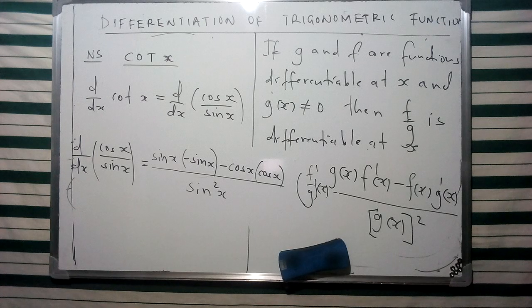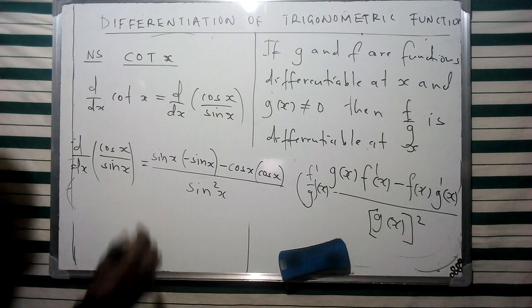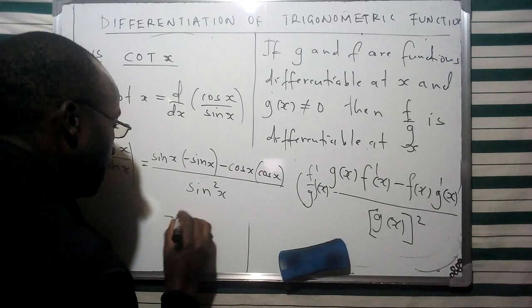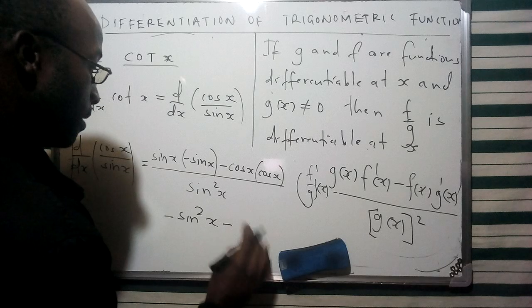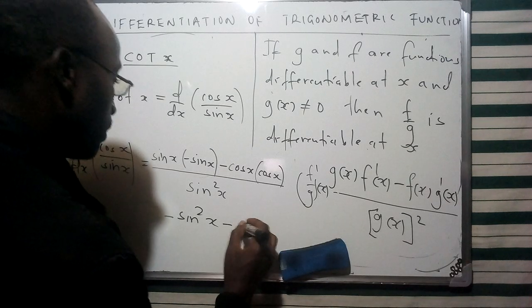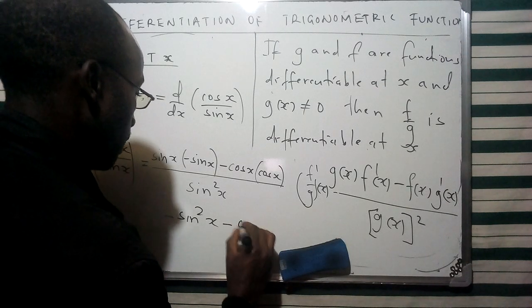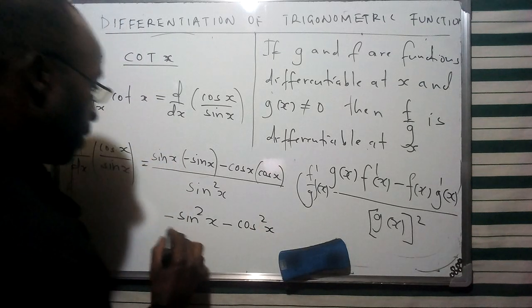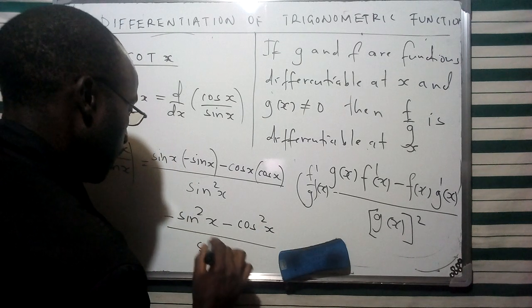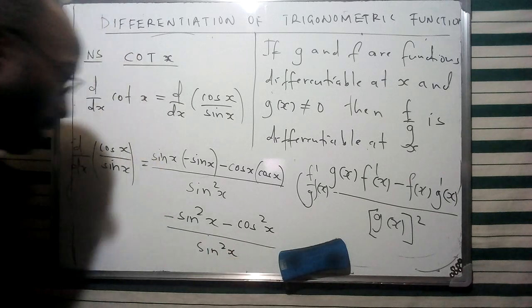So this is going to be given in terms of negative the square of the sine of x minus the square of the cosine of x, all over the square of the sine of x given as such.